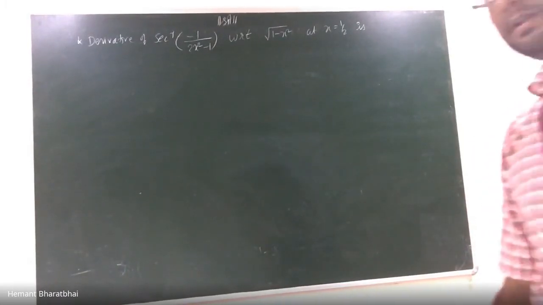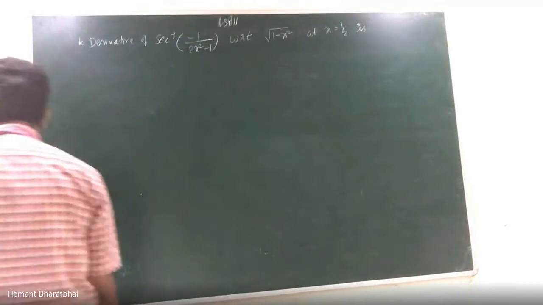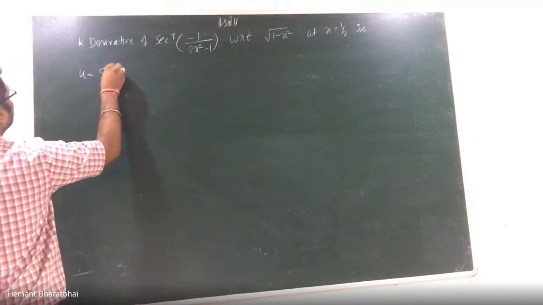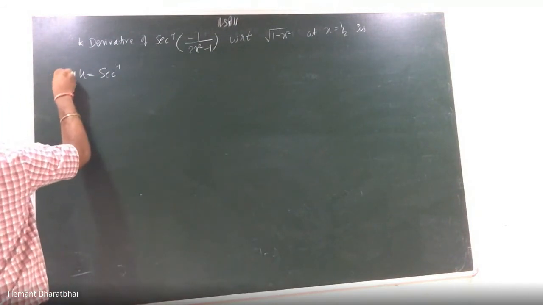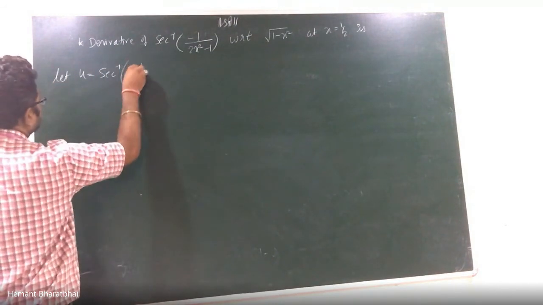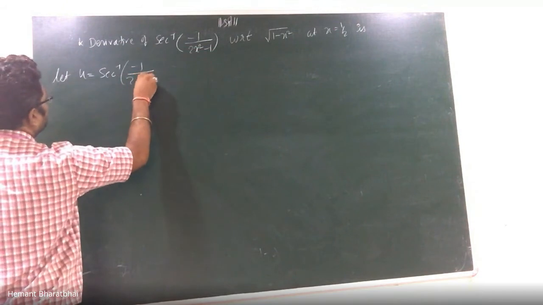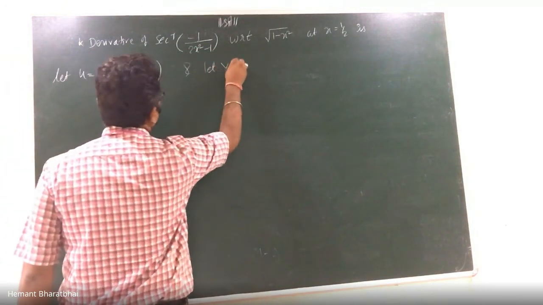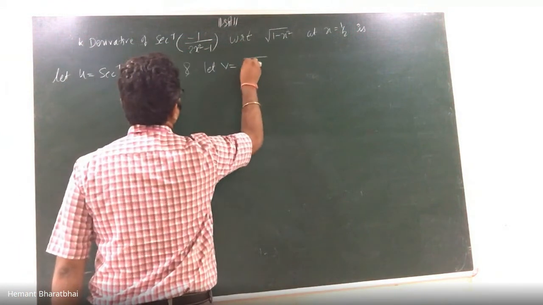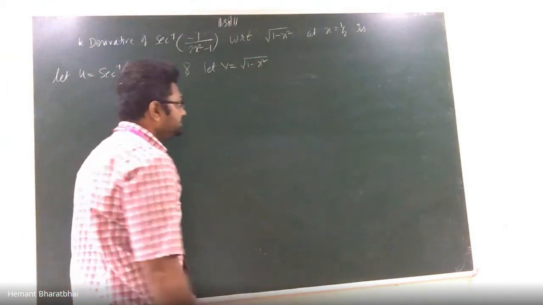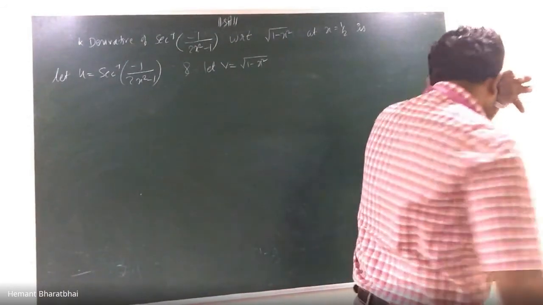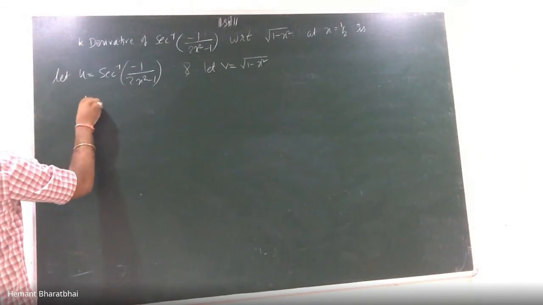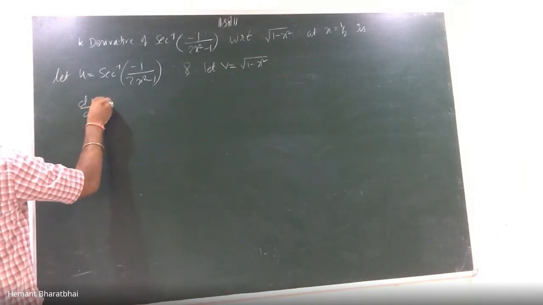So if you remember, derivative of one function with respect to another, I taught you something like this. Let U is equals to sec inverse of minus 1 upon 2x square minus 1 and let V is equals to under root of 1 minus x square. Then derivative of this with respect to this means you will have to find out derivative of u with respect to v.